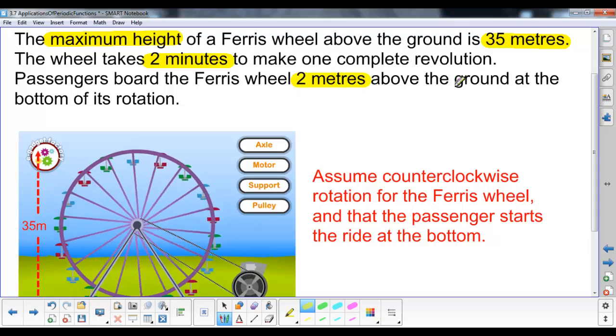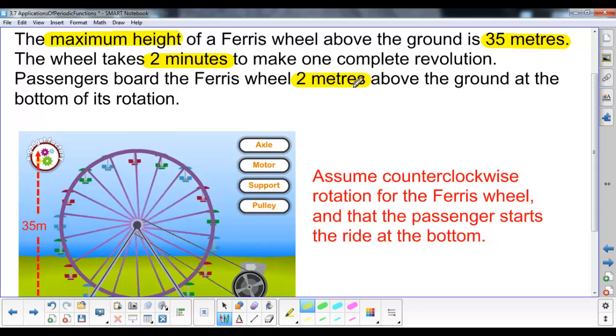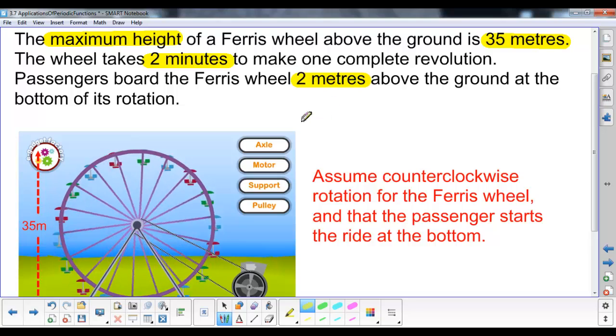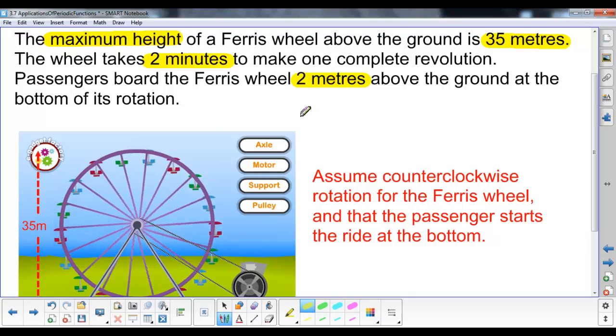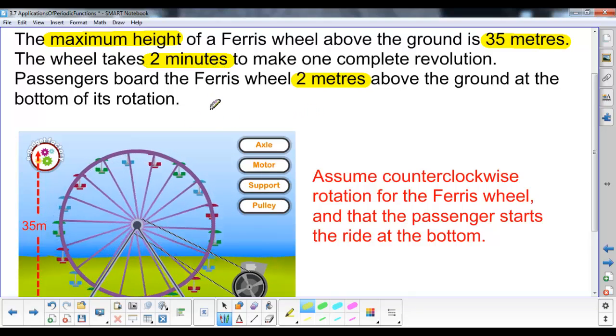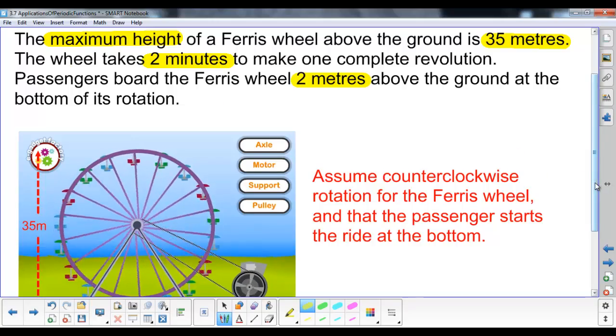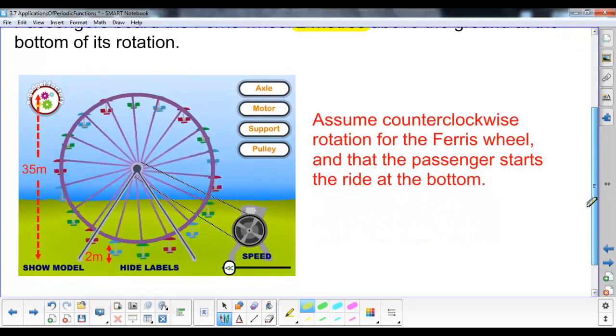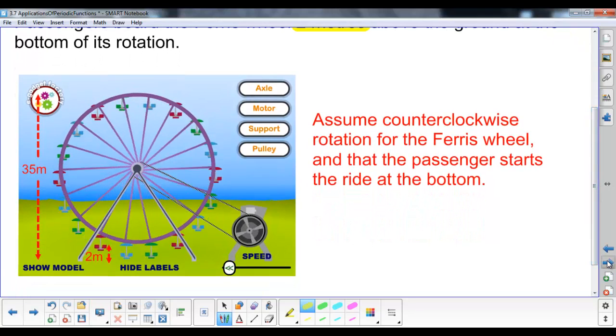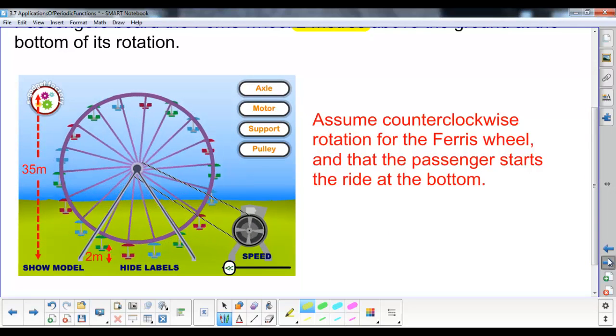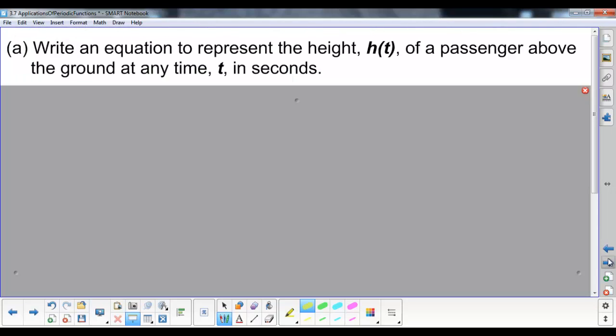That tells us two things: a minimum, and that our function starts at the minimum because passengers board the Ferris wheel at the bottom, which makes sense because no one's going to get on the Ferris wheel at the top.